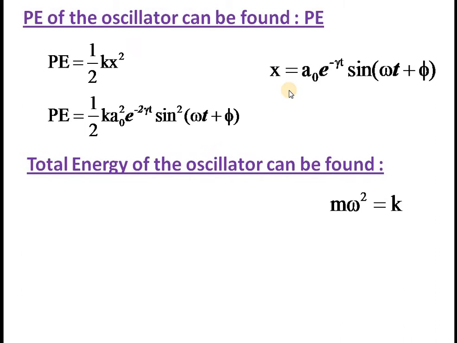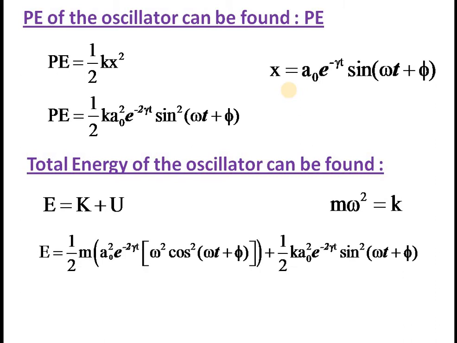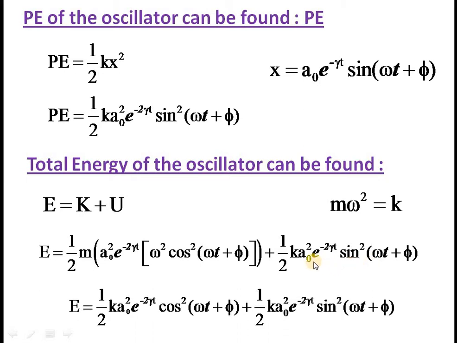Now we have kinetic energy and potential energy, so total energy can be found by adding both. K plus U will be the total energy. We have the expression for kinetic, and now the expression for potential. Adding these, we can do some modification.